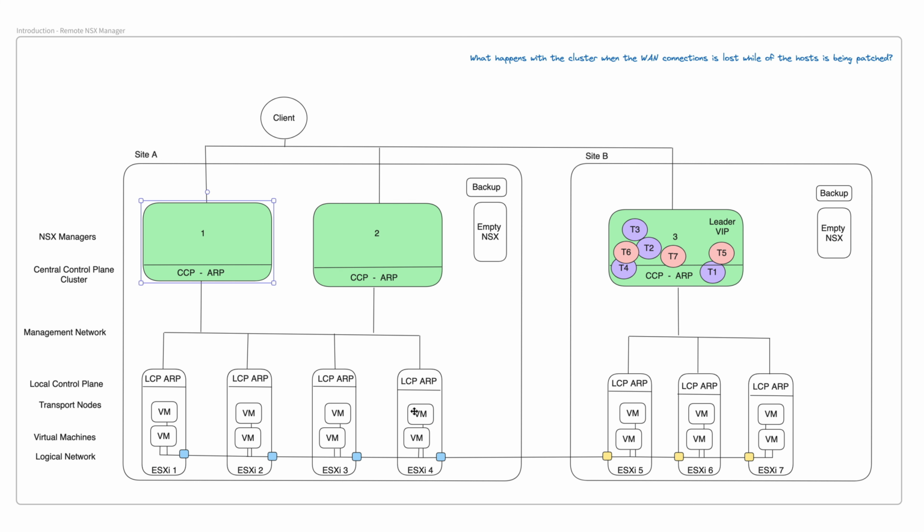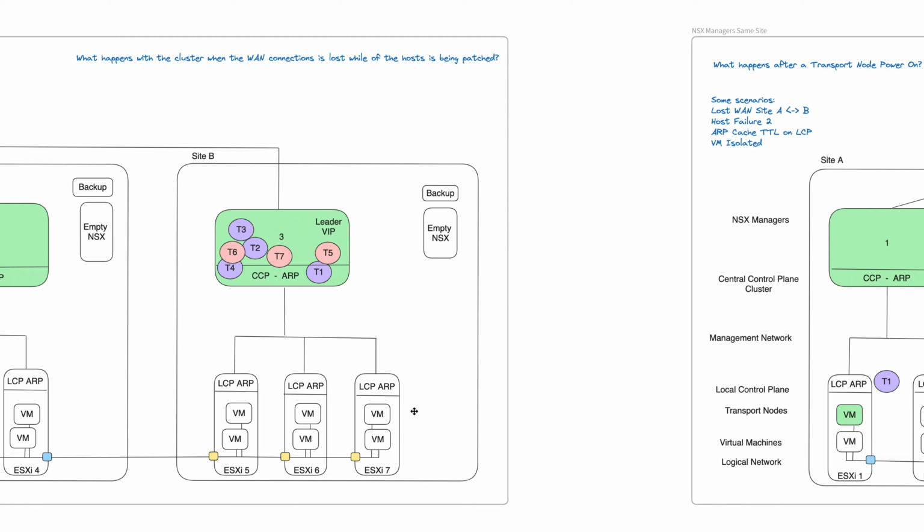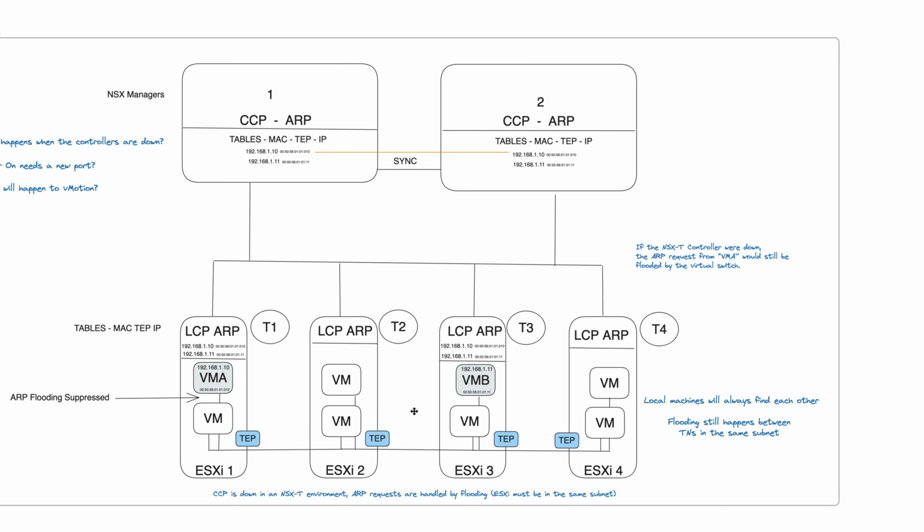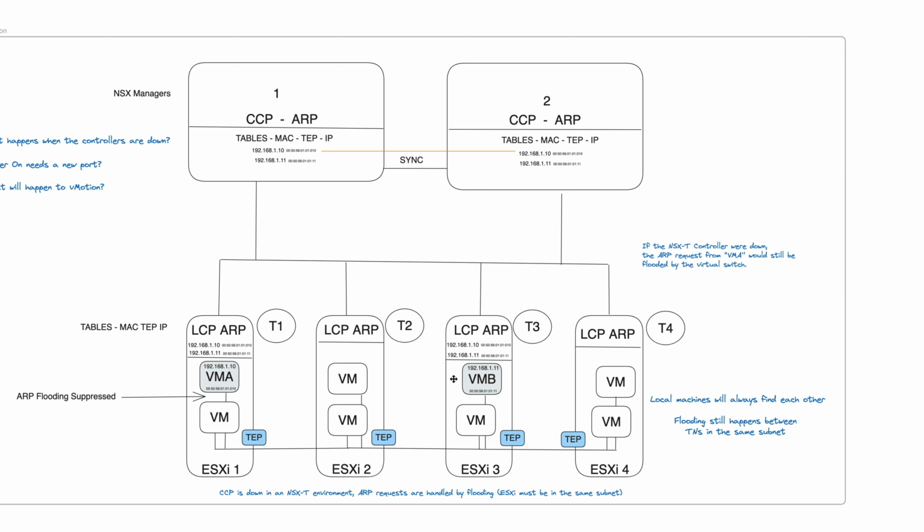In order to explain this a little bit more in depth, I've prepared a whiteboard where I will explain what ARP suppression is. So what do we have with ARP suppression? When VM A wants to communicate with VM B, VM A knows the target IP address. He knows to which VM he wants to go, but he doesn't know the MAC address.